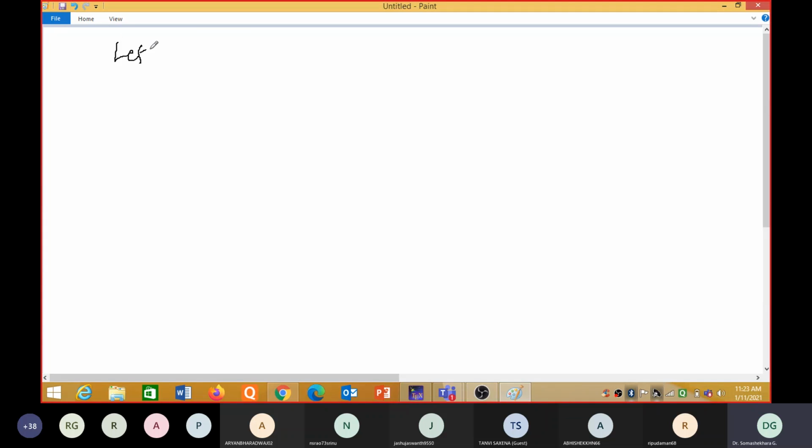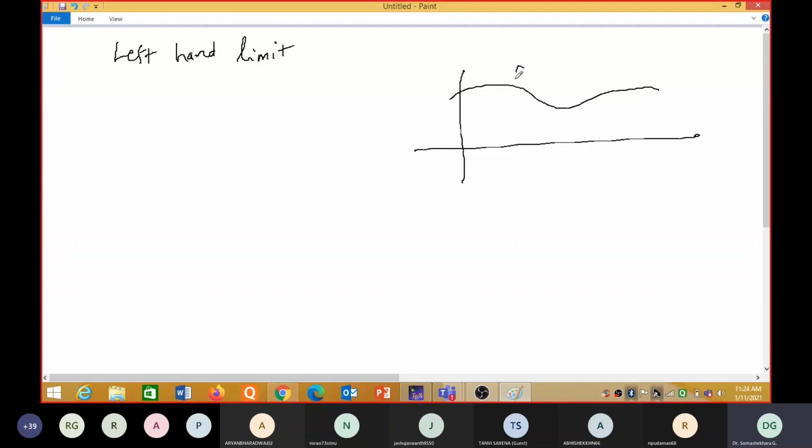Actually I discussed it many times earlier. So what is the left hand limit? I am going to explain it graphically. Suppose this is the graph of a function f of x. When f of x tends to some L, this is L, and this is the functional value at this point x.